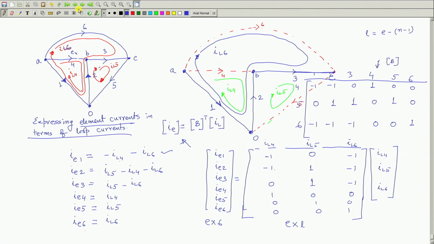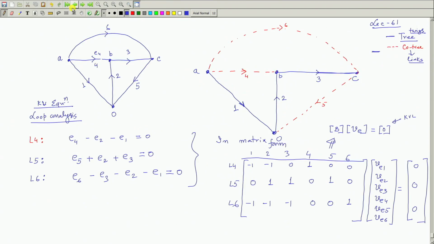Therefore, in the case of loop analysis, we have these two fundamental equations that I am rewriting here. One is B into the element voltages is equal to 0, that I got on the last page, that is B into V is equal to 0.